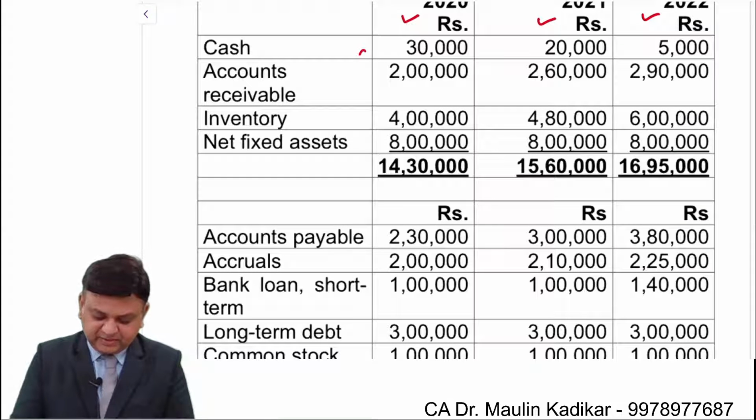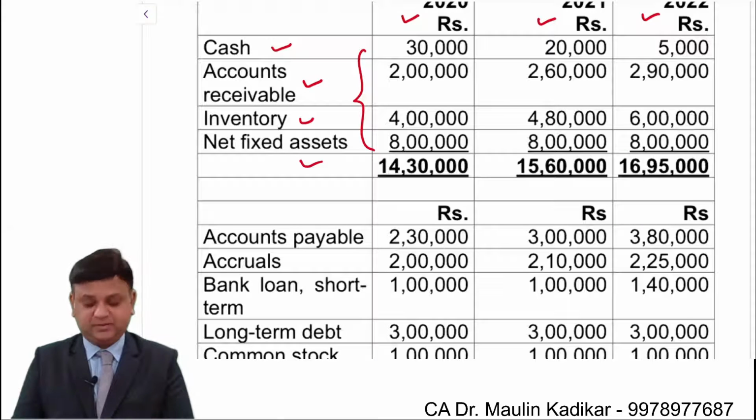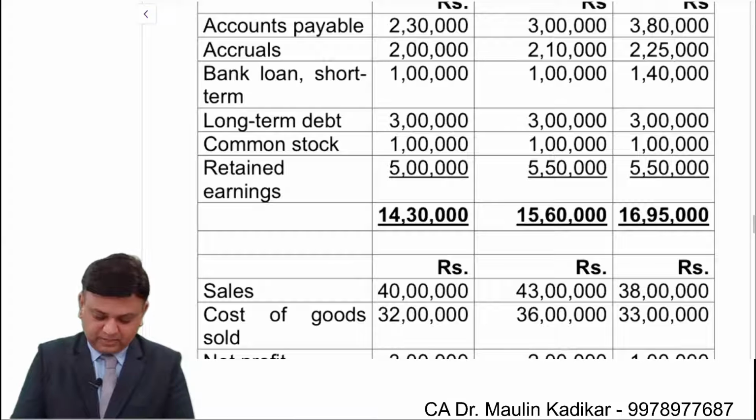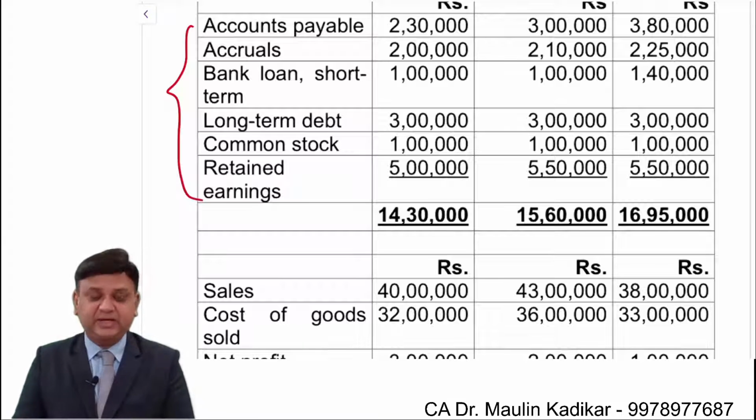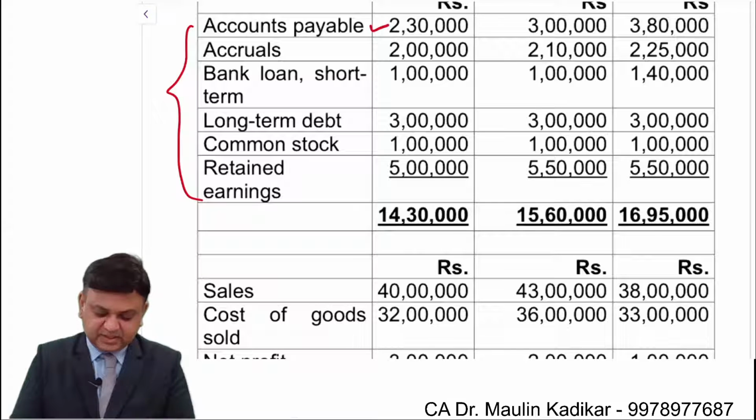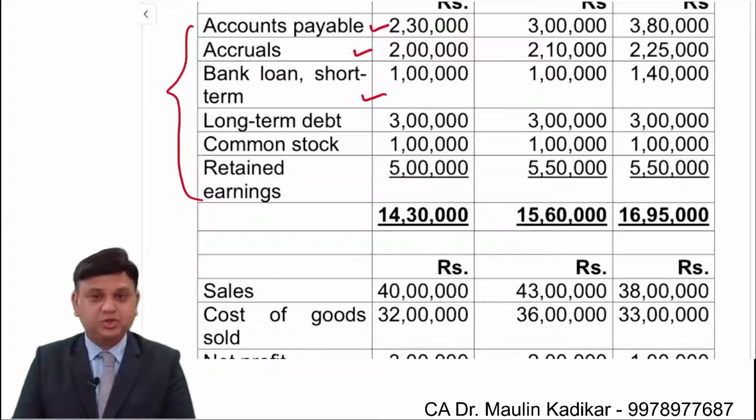We have been provided with the assets: cash, debtors, stock and fixed assets. Then we have been provided with the liabilities: creditors, outstanding expenses, short-term bank loan, long-term debt, equity share capital, reserves and surplus.